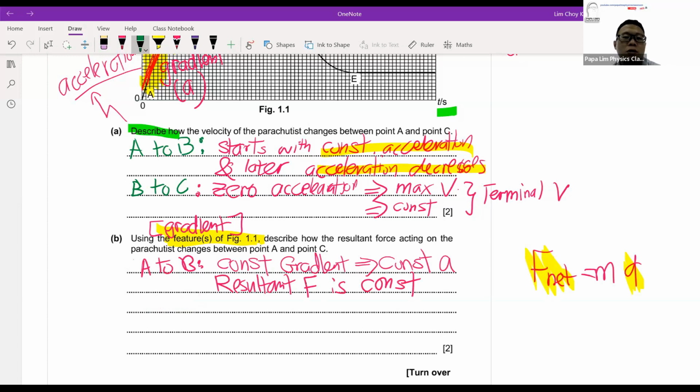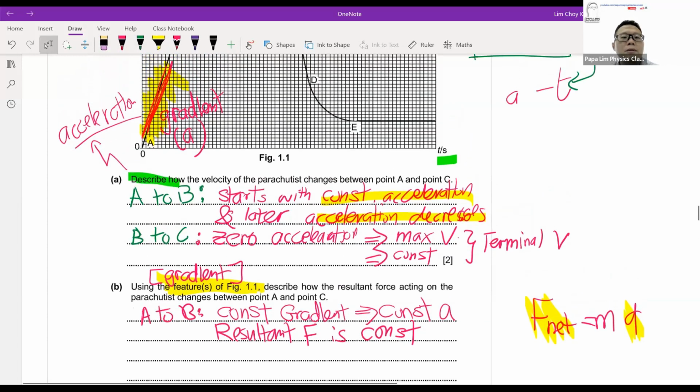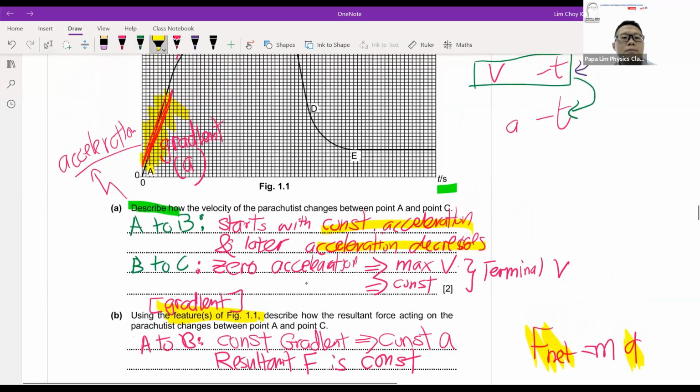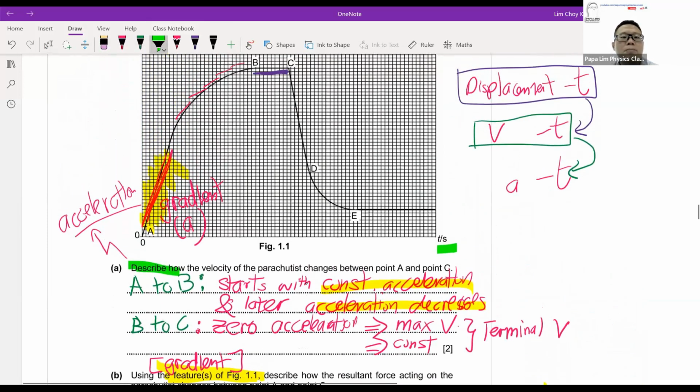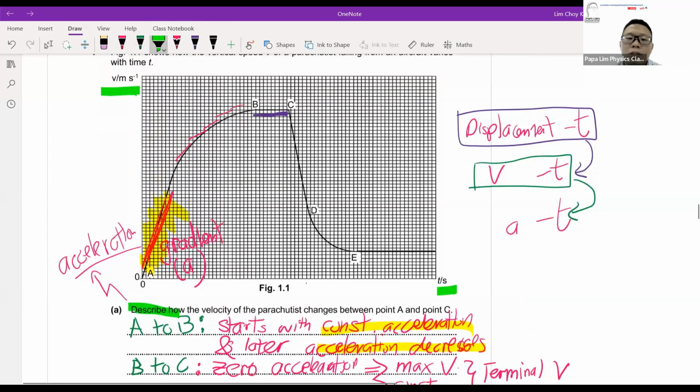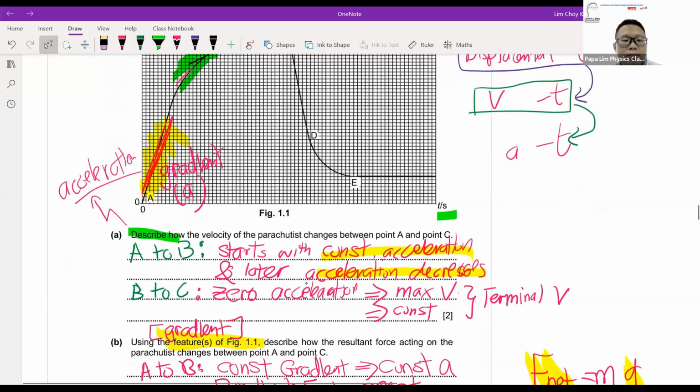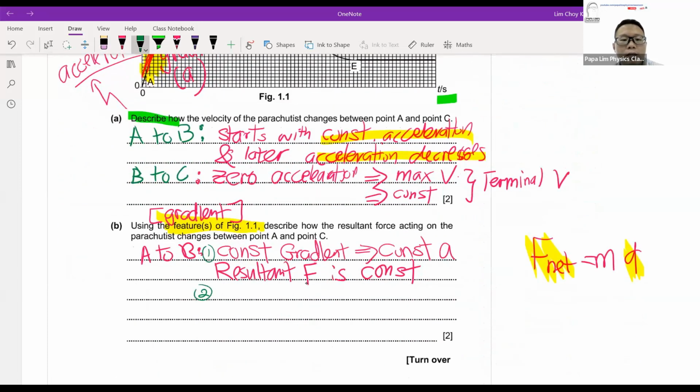Now, at the second portion of AB, the gradient is getting gentler and gentler, so the gradient is decreasing. Like in the previous question, this implies the acceleration is decreasing.